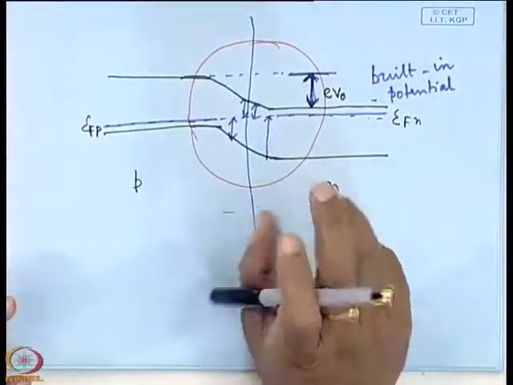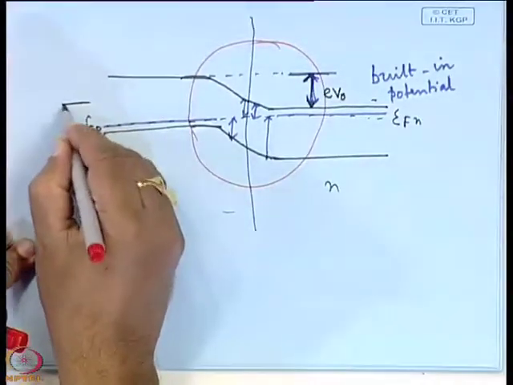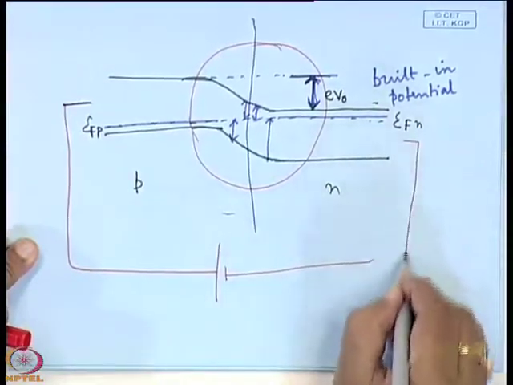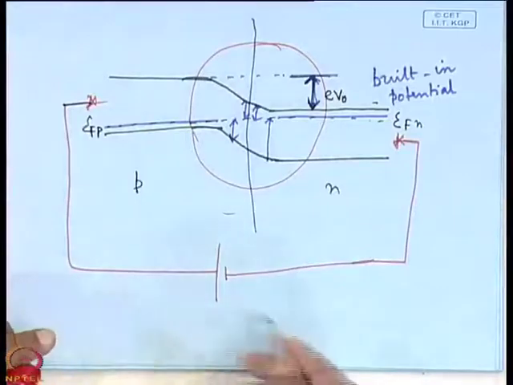Now, if you forward bias it, what is forward biasing? P type is at higher potential and N type at lower potential. So, that means it is forward bias.